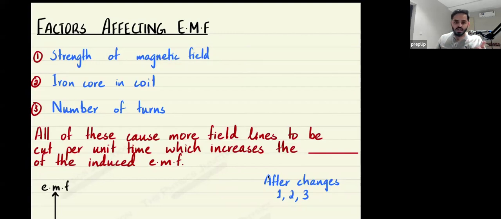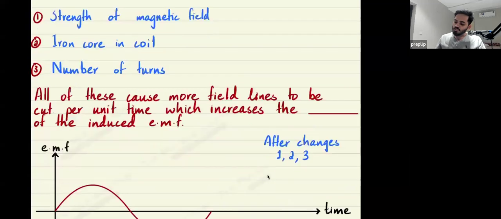Or if I have an iron core in the coil, it's the same idea, so it would increase the magnetic field strength. If you have more turns, then as the coil rotates, more of the coil cuts through the field lines. All of those go into increasing the rate of change of magnetic flux linkage, or you can say more field lines are cut per unit time, and this is going to increase the magnitude of the induced EMF.